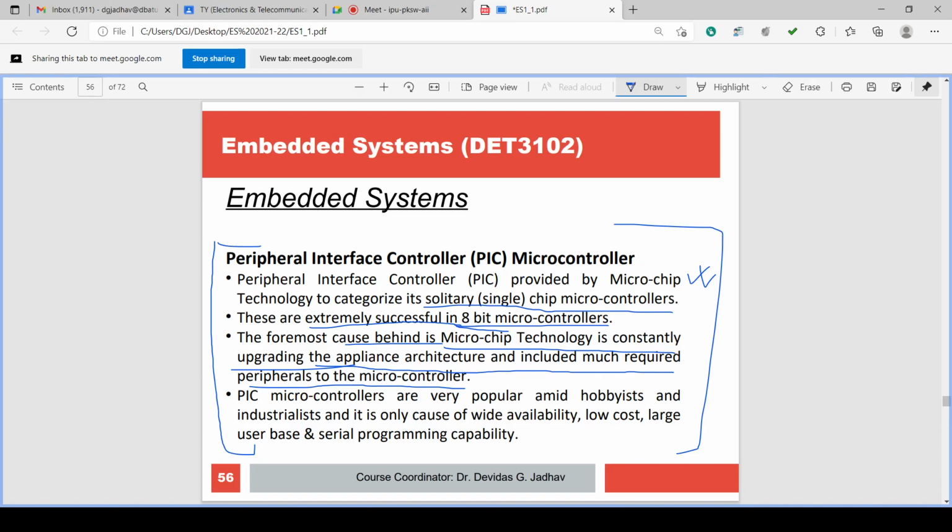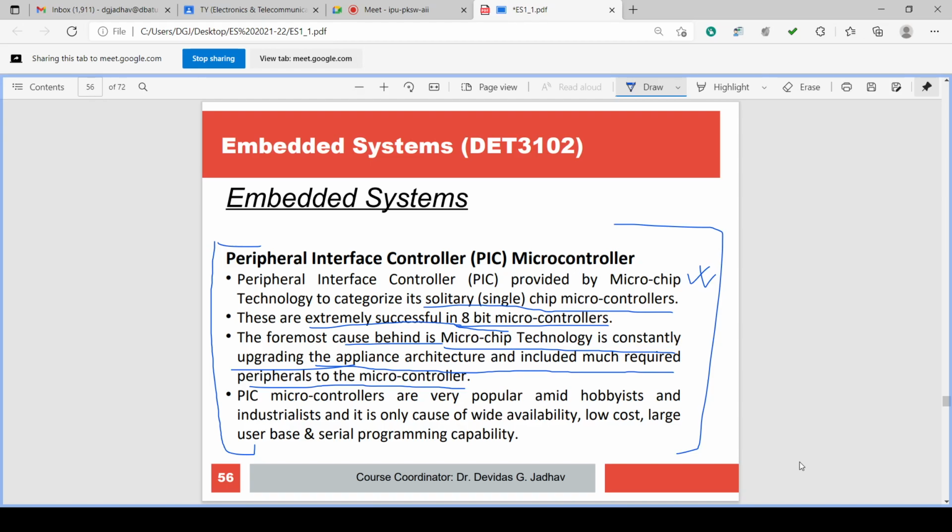PIC is Peripheral Interface Controller. This is one type of microcontroller, just like the 8051, 8031, and 8052 Intel microcontrollers. Similar to that, another type of microcontroller is the PIC microcontroller.